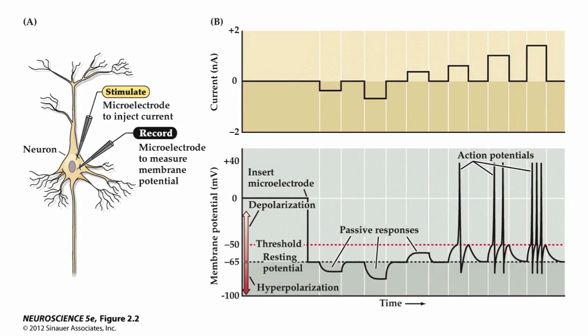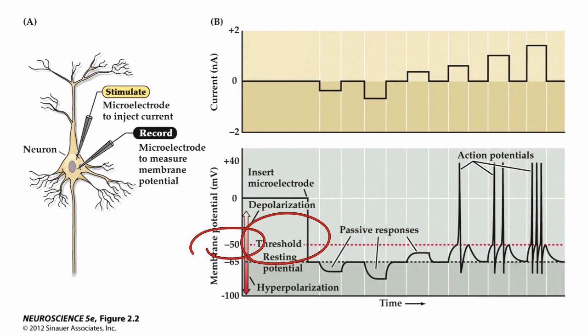Okay, let's consider a few other aspects of this action potential before we wrap up this brief tutorial. First, note that there's some kind of a threshold. In this experiment, that threshold is around minus 50 millivolts. If we inject a positive current that depolarizes this membrane beyond about minus 50 millivolts, then we trigger the generation of an action potential.